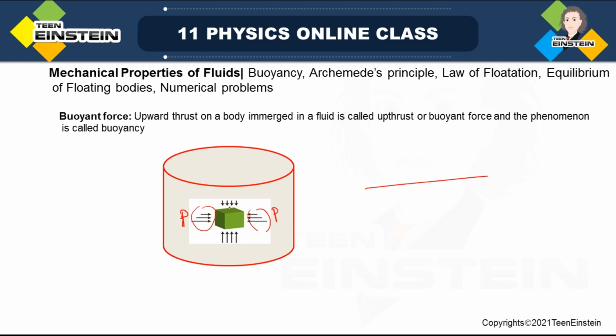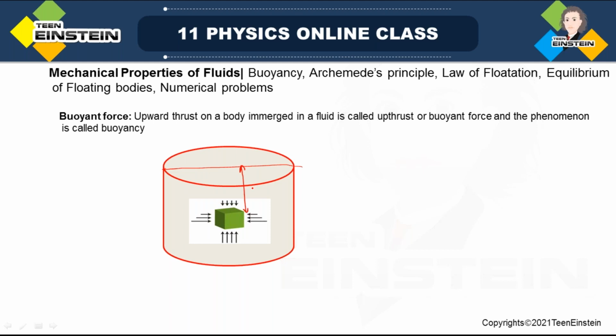Now let us see what the upward pressure and the downward pressure are, and whether there is any resultant force along the vertical direction. Look here, suppose this is the top level of the water. From the top level, look here up to the upper surface.